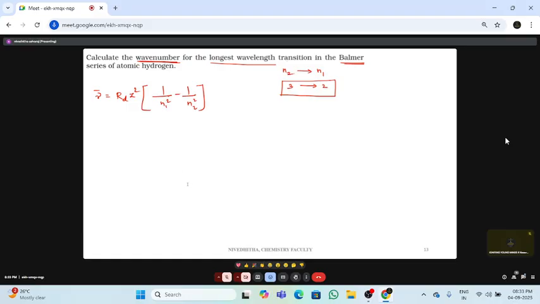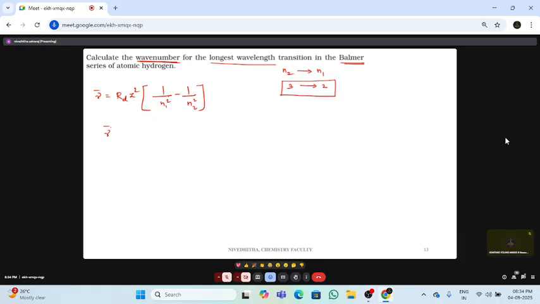It is not 7.1. 0.13. Is there any 10 power term? 10 power 7. Yes, it is right.